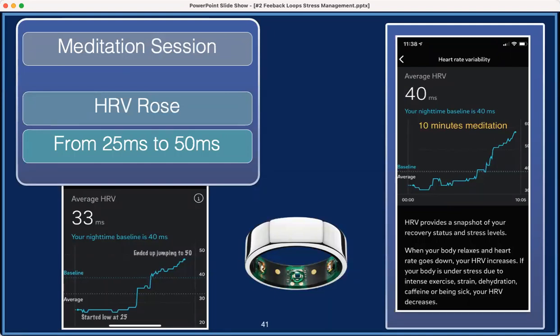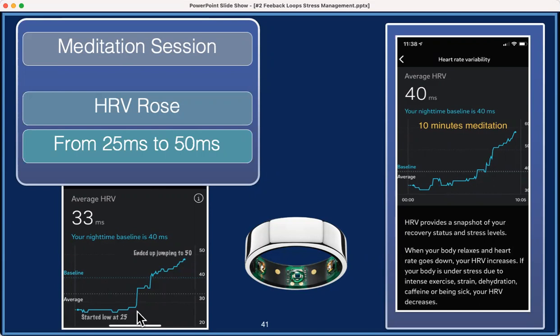So this is not a study. This is only a case example. This case is actually me. I'm using my ring and I'm doing a meditation session. So this is where the heart rate variability started out low at 25.